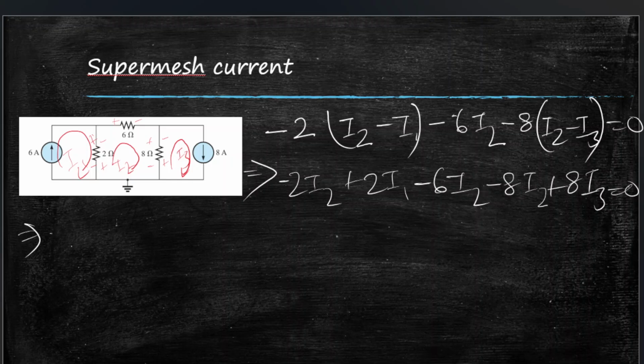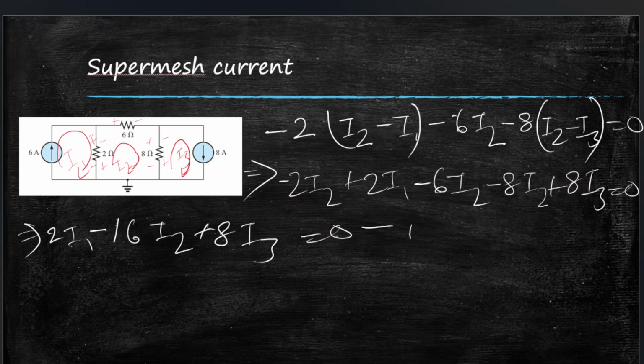So we have 2I1, and then minus 2 minus 6 minus 8, that's 16, so minus 16I2, and then plus 8I3 is equal to 0. That's our equation 1.